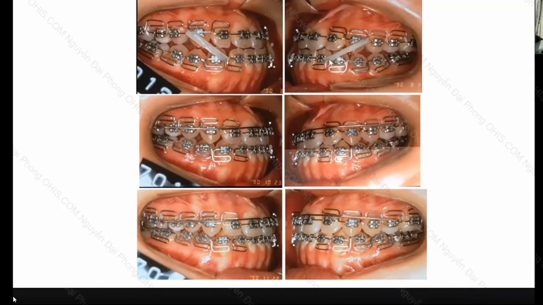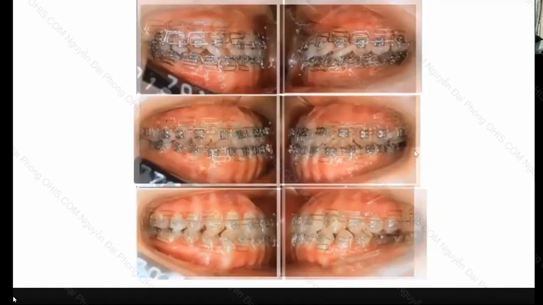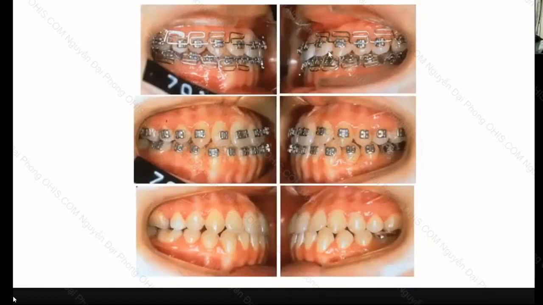And for the upper jaw enlargement, I applied this Mulligan overlay wire. Then see, if you succeed in changing the occlusal plane, the mandible adapts to a little bit backward position. Then finish like this. Then follow up.